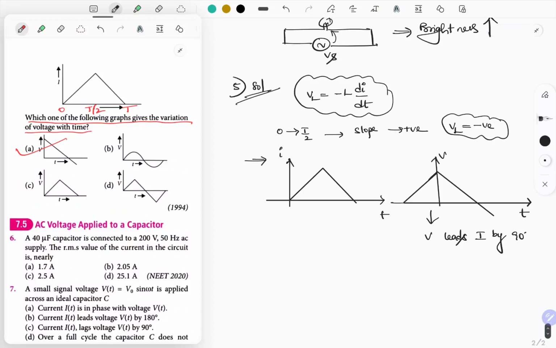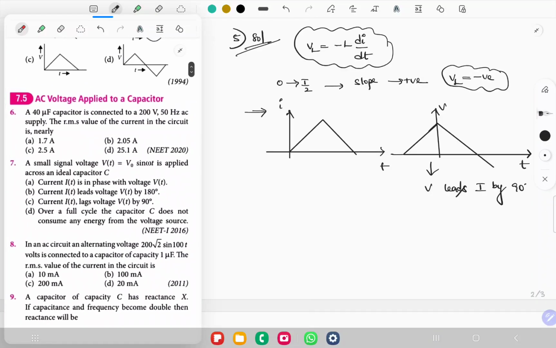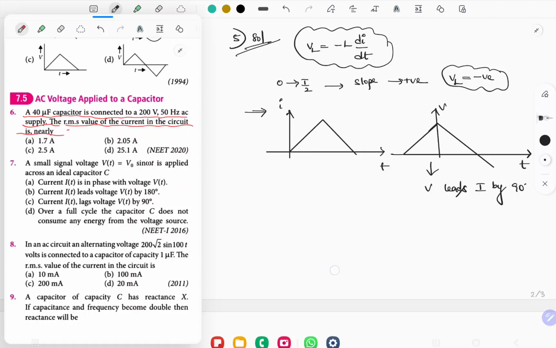Got it? So let's solve numericals based on AC voltage applied to a capacitor. A 40 microfarad capacitor is connected to a 200 volt, 50 hertz AC supply. The RMS value of current in the circuit is nearly?